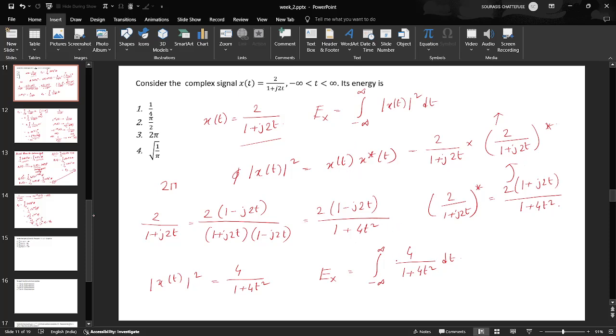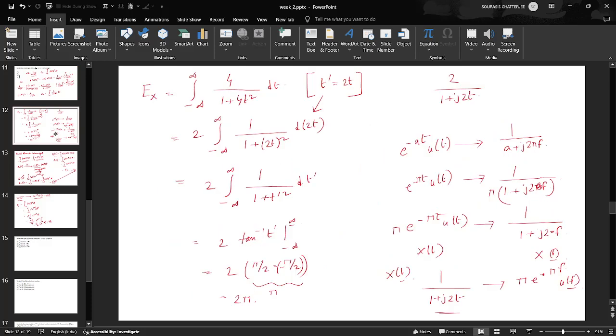Okay, 2 over this comes out to be, okay, 2 here dt, fine, pi by 2. Okay, this seems correct, so most likely here in the frequency transform I made some error.